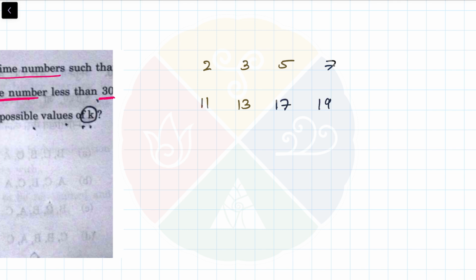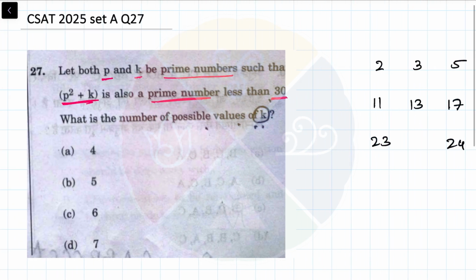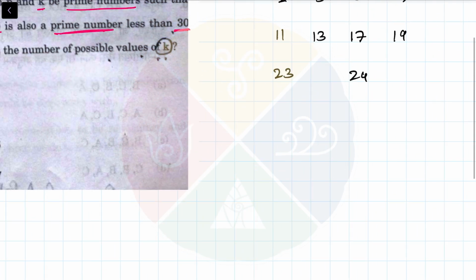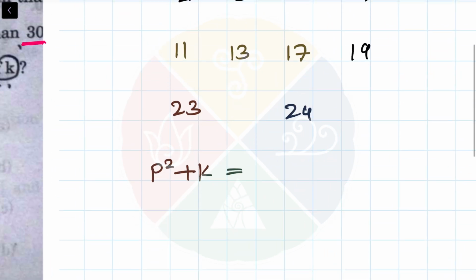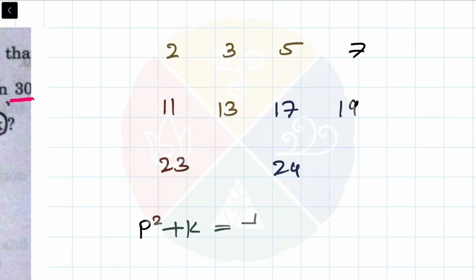Then we have 23 and 29. These are the prime numbers which are less than 30. So when you are adding p square plus k, I should be getting some number out of this list.